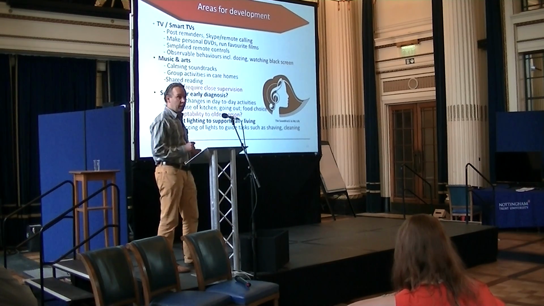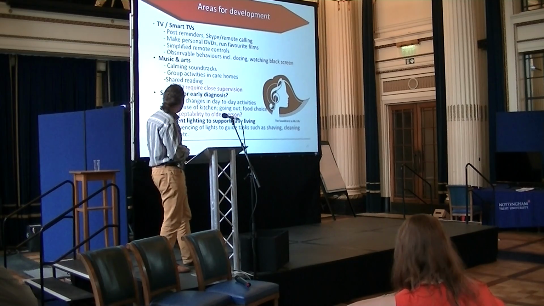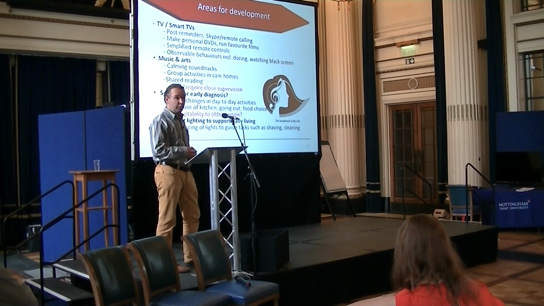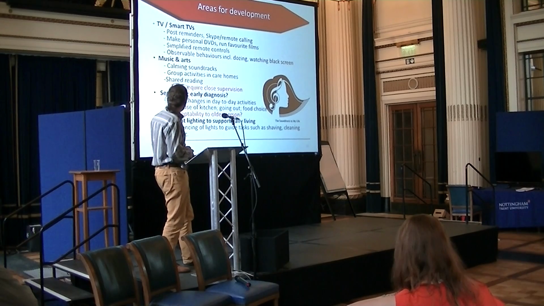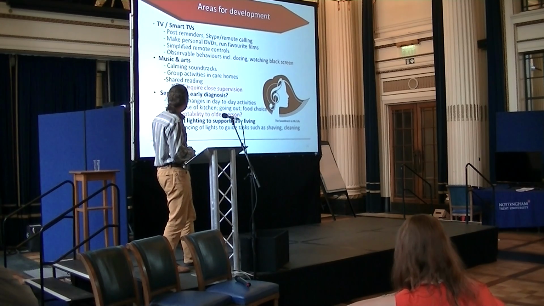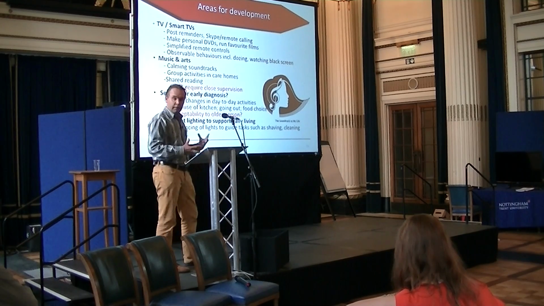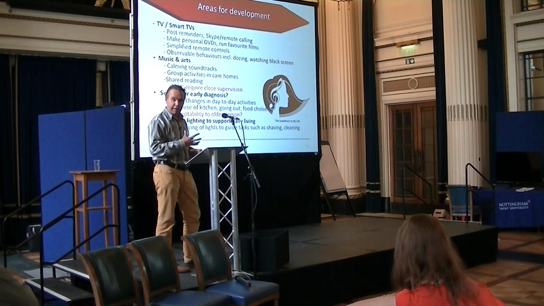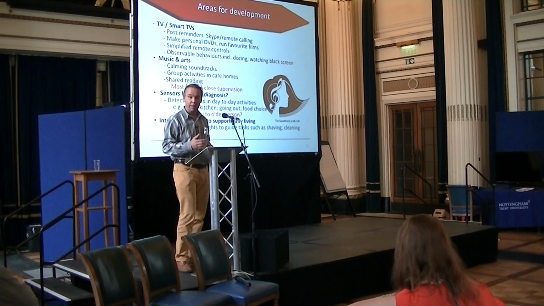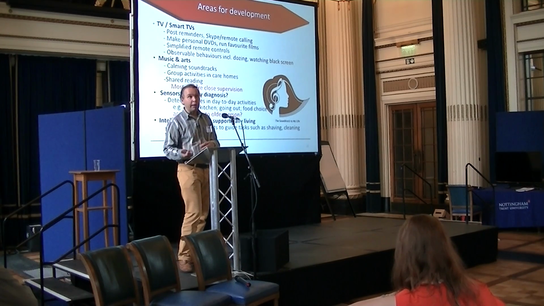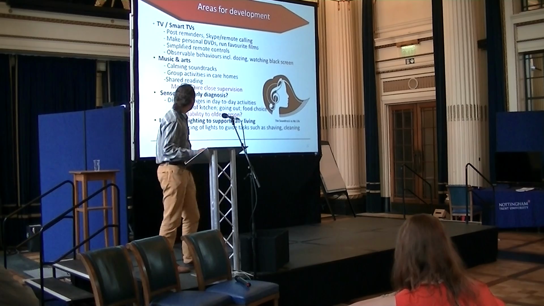Music and arts is a really important area, something that we're exploring in Nottingham with the Imagine project. Then using sensors in intelligent ways, tracking somebody, helping somebody to track their behaviour, maybe remotely or with that person self-monitoring.